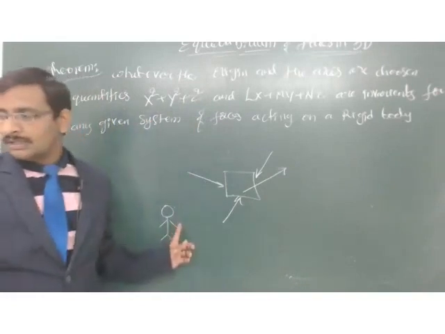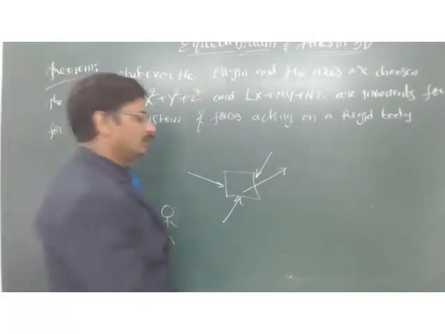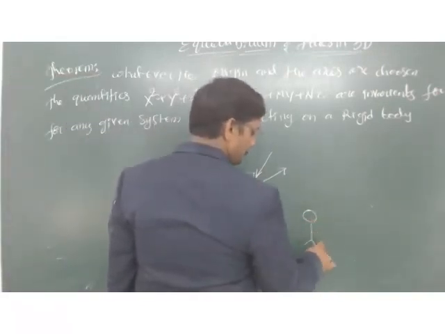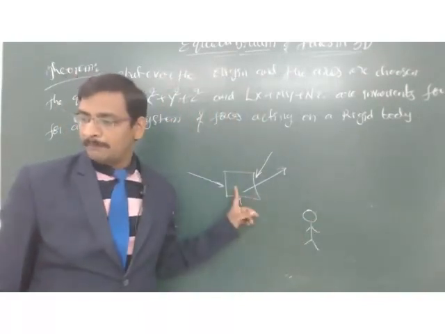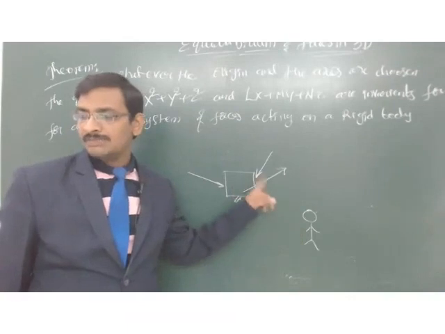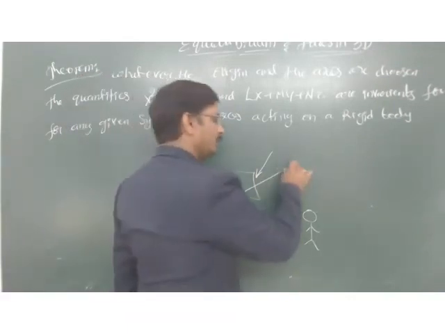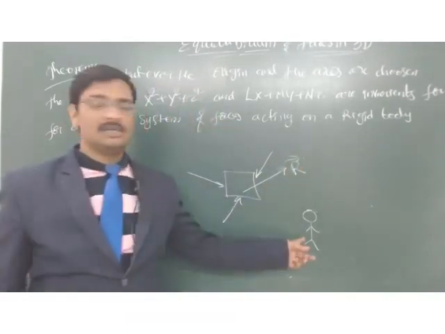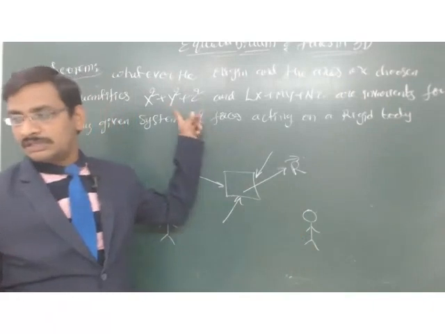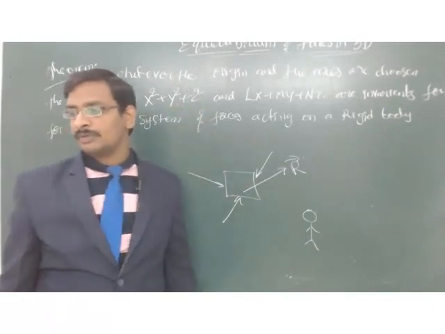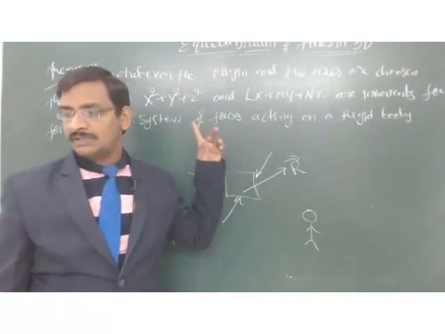Now if the same person looks from here, the orientation may be different for him, but will the magnitude of the force be a different value whether he looks from here versus here? Got it or not? Obviously no. That's what this statement is. That's the first statement.